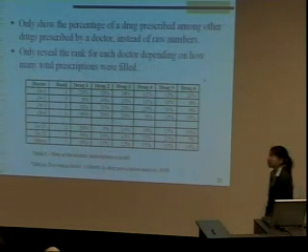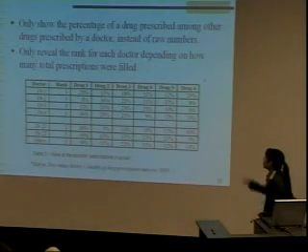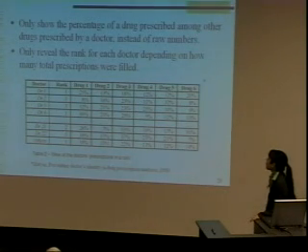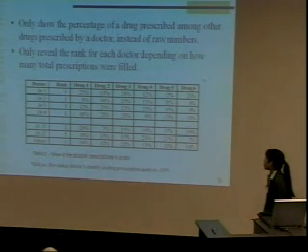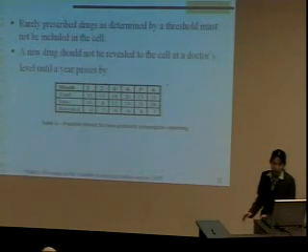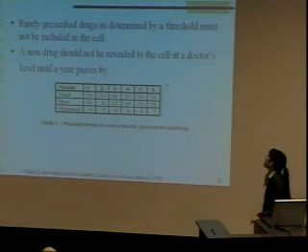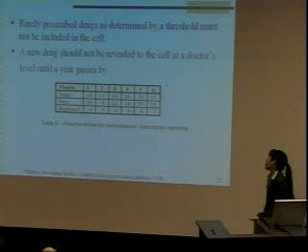So the better stealth approach is to replace the actual numbers by percentages, as well as ranking the doctors according to the total volume of the prescription medications dispensed. As additional safeguards, rarely prescribed drugs and the new drugs shouldn't be displayed in the table set.